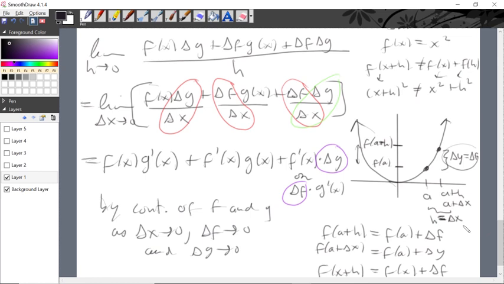As stated earlier, we know these functions are continuous because they're differentiable. So although one of these two numerators is going to get absorbed into a derivative, we're going to be left with the other one that is still going to go to 0.